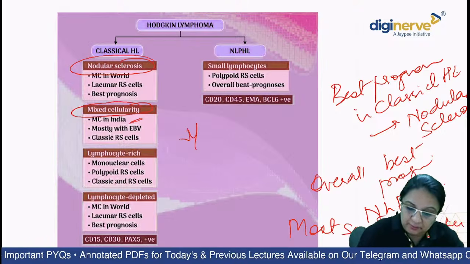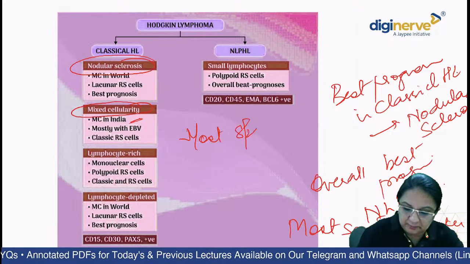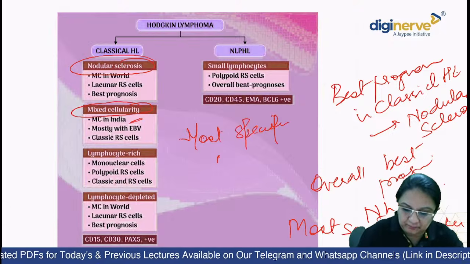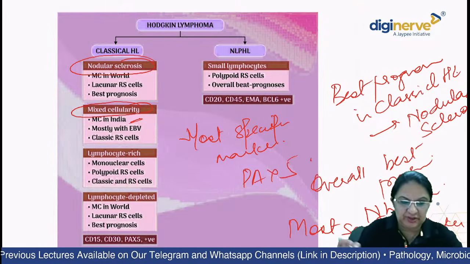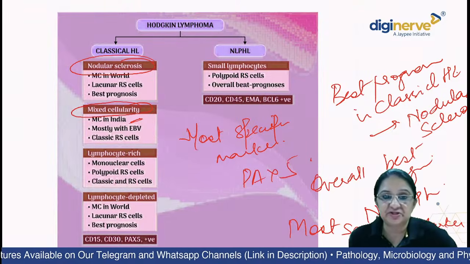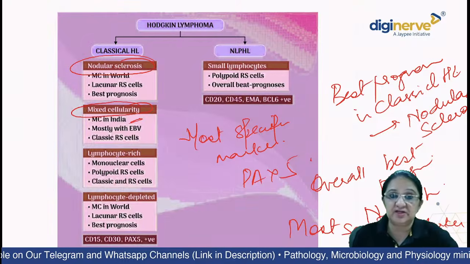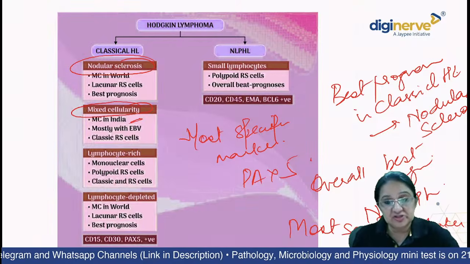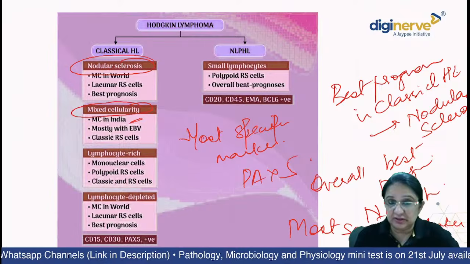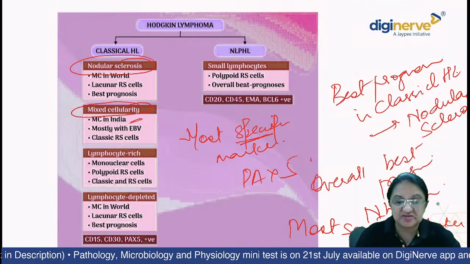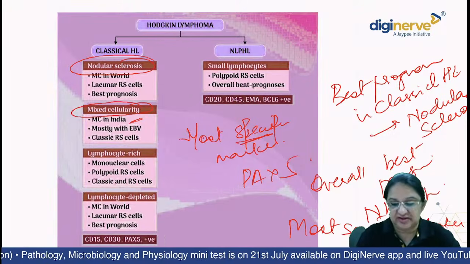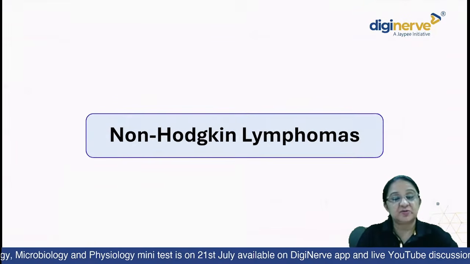However, the most specific marker is FATS. All important questions. Mixed cellularity is most common in India. Nodular sclerosis is most common in the world. The most sensitive marker is CD30. The most specific marker is FATS5. So this was about Hodgkin's.